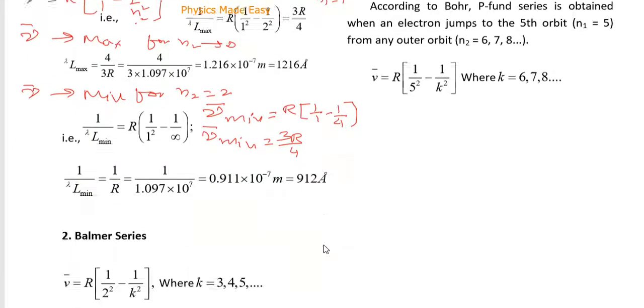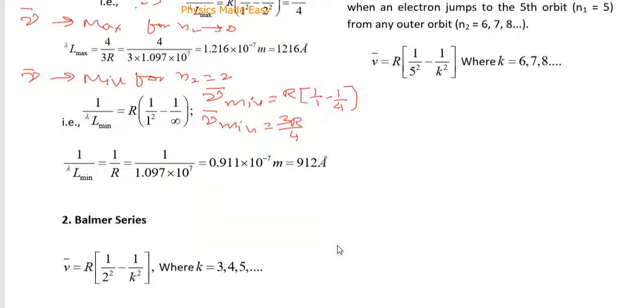And if we have to calculate nu max, wave number, mind it, nu max is when the second level is infinity, and 1 over infinity square means zero, so it is just equal to R in this case. So these are the maximum and minimum values of wave number.